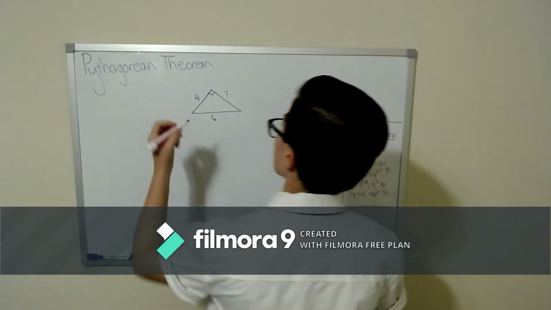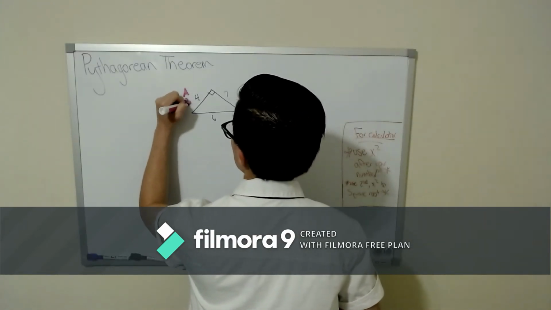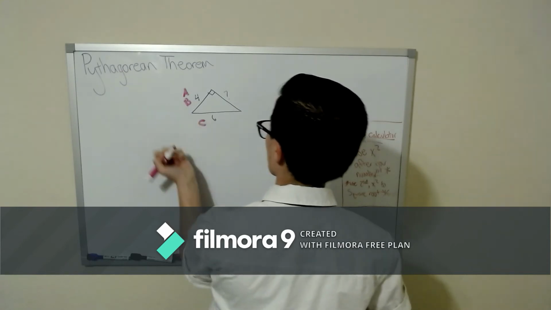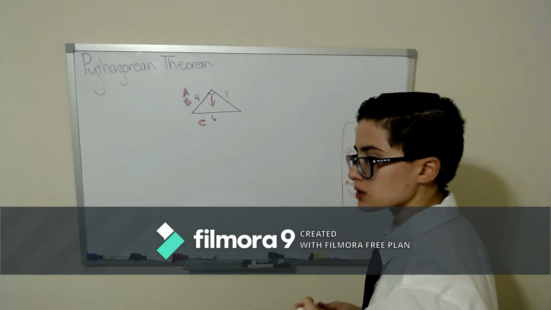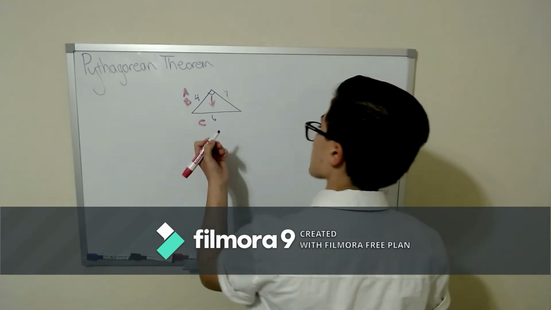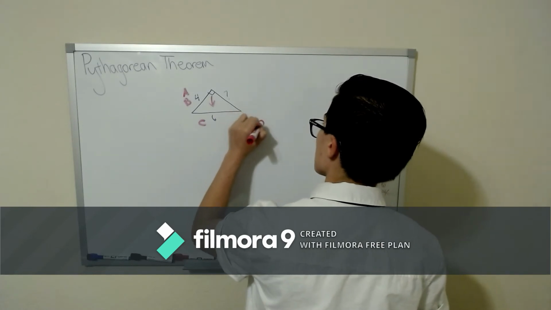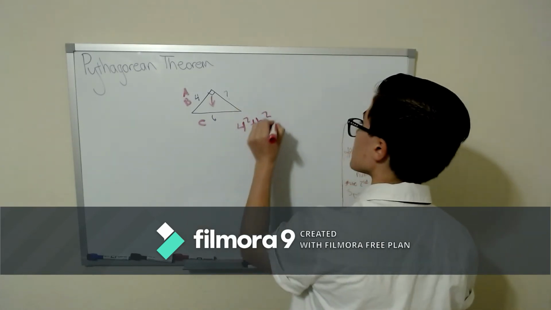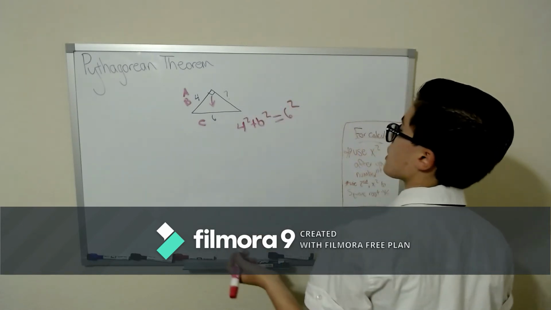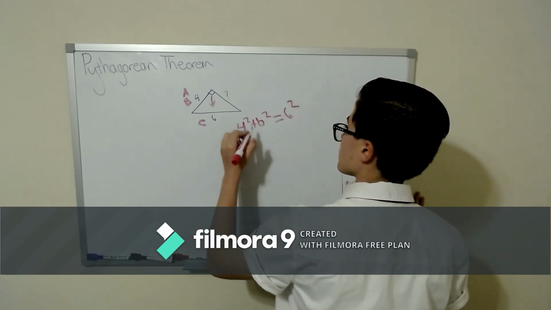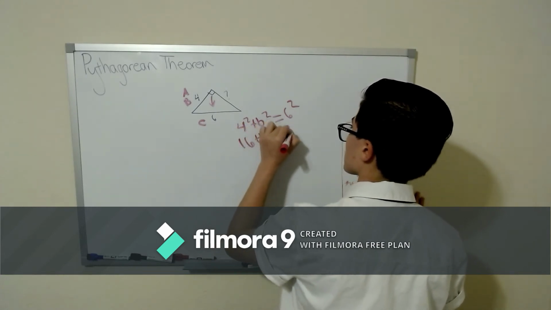Now for this one, this can be A or B, but this is only C because opposite of the hypotenuse. So 4 squared plus B squared equals 6 squared. 16 plus B squared equals 36.